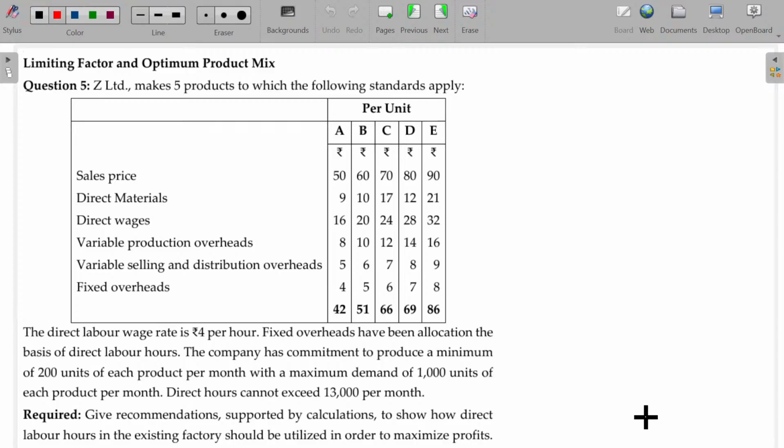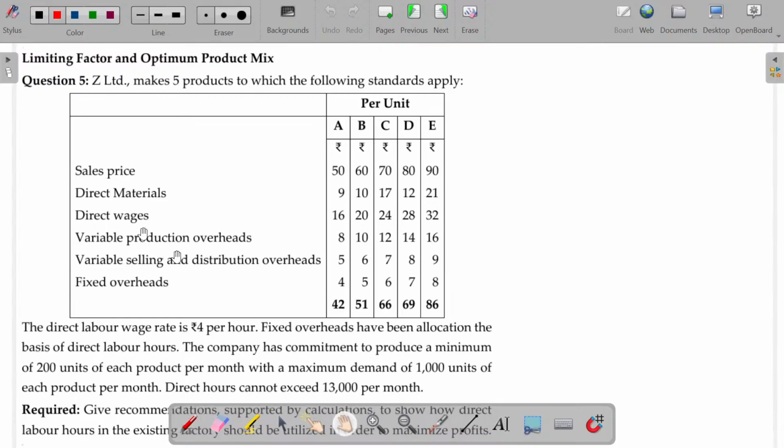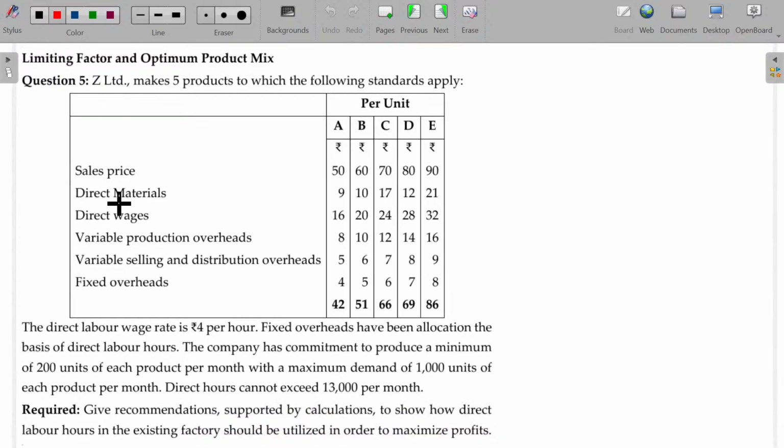Now, question number 5. Limiting factor and optimum product mix. Z Limited makes 5 products to which the following standards apply: sales price, direct material, direct wages, variable production overheads, variable selling and distribution overheads.